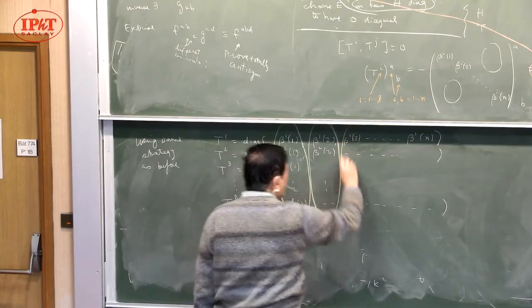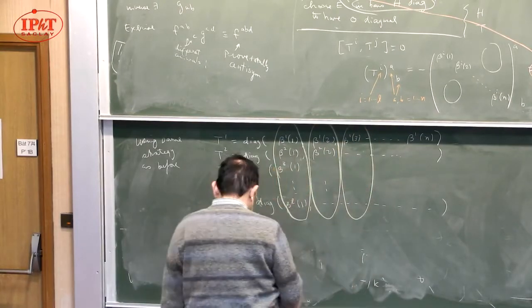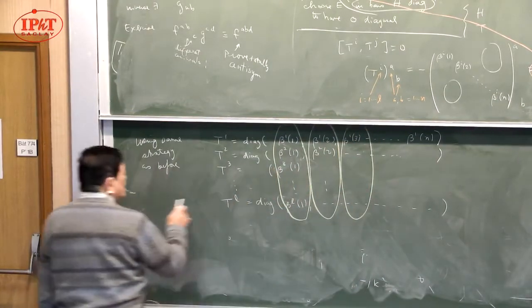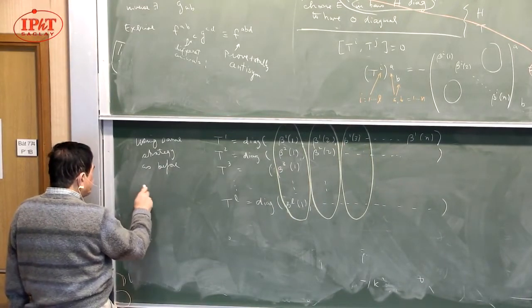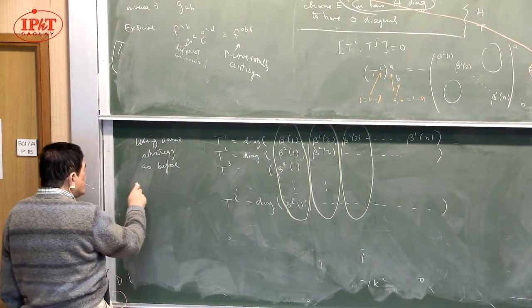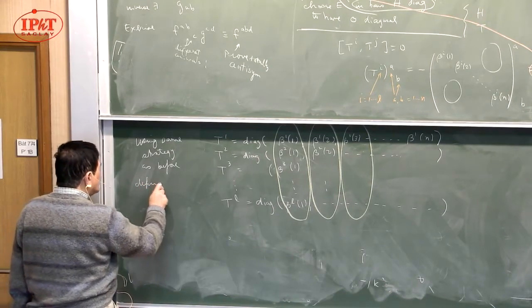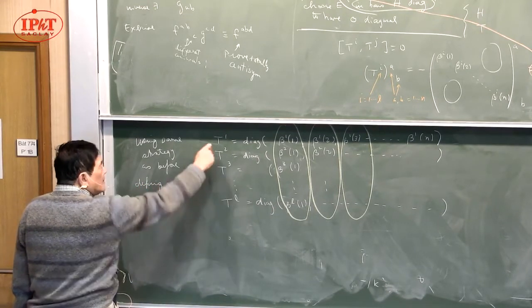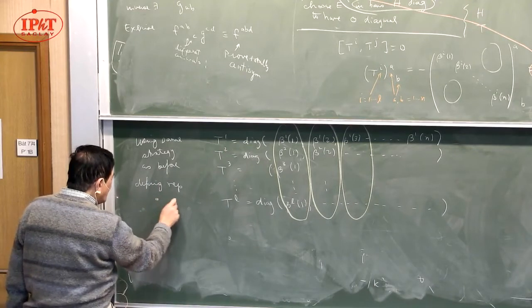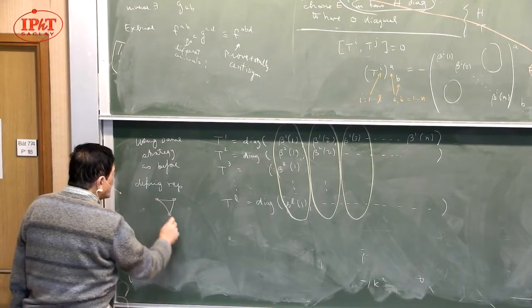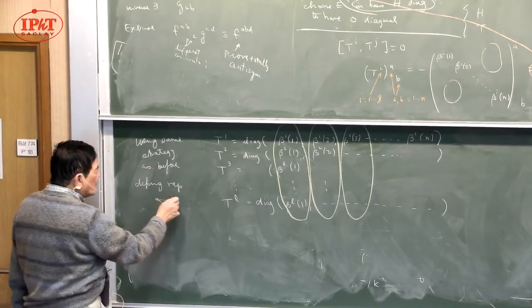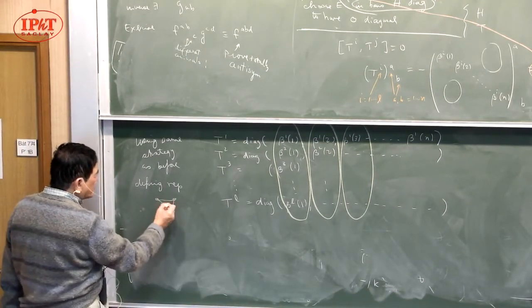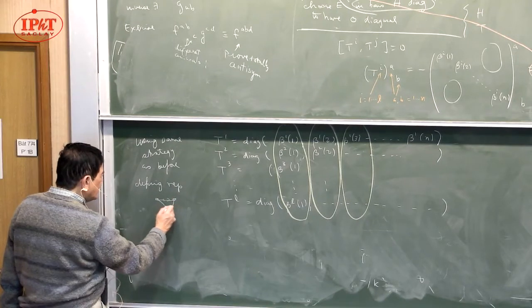We just read off the columns, right? Now remember that when we used the defining representation for SU3, these things were the three quarks, if you like. So what we read off were the weight vectors, and we have to subtract them to get the roots.